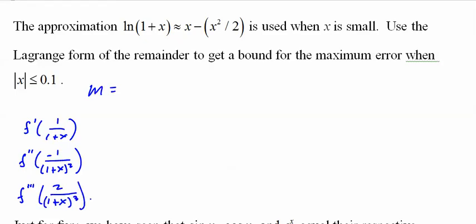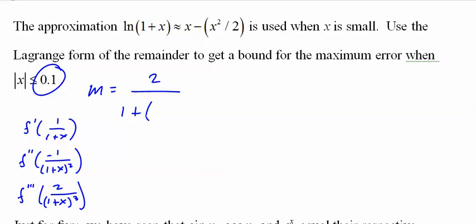So the maximum is going to be 2 over 1 plus, and it may be less than or equal, it might be just less than, so don't worry about this greater than or equal thing. 1 plus, and we'll do the negative 1, just for the fun of it. It doesn't really matter.